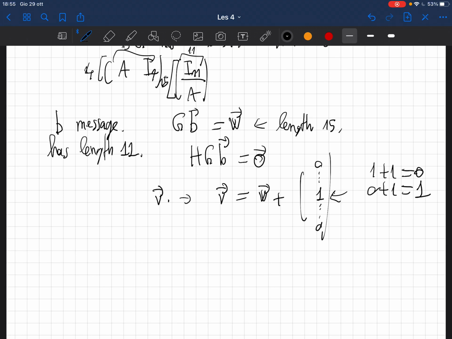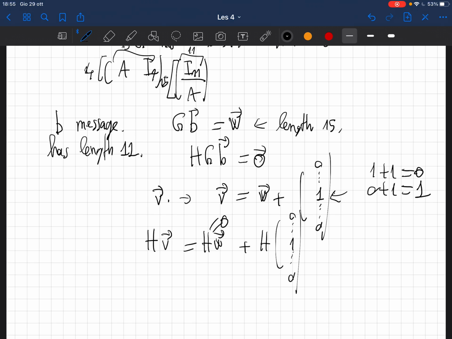So if there is just one error, this is where you can find it. And actually, if you apply the H matrix to V, then the H matrix applied to W is 0 by definition, because this is the correct message. And then you're left with H times this vector here.